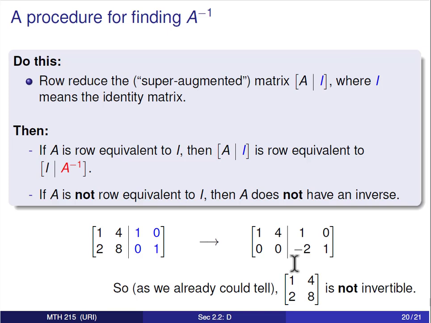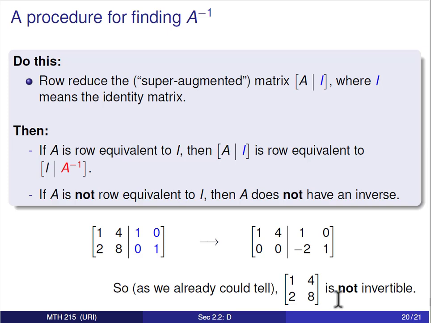But you'll see that because the pivot positions here actually don't happen in the first columns of the matrix, your second pivot position actually ends up on the right-hand side. There's no way you're going to be able to produce the identity matrix on the left. And what that means, what this test is telling us, is that our original matrix does not have an inverse. As we already knew, 1, 4, 2, 8 is not invertible.